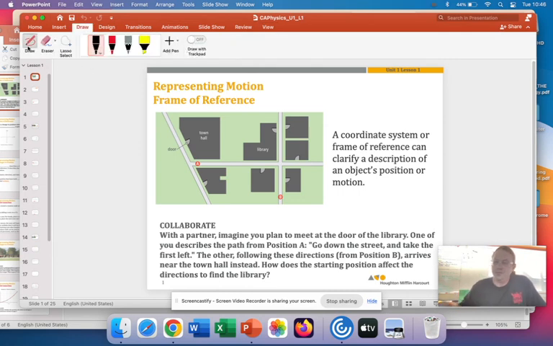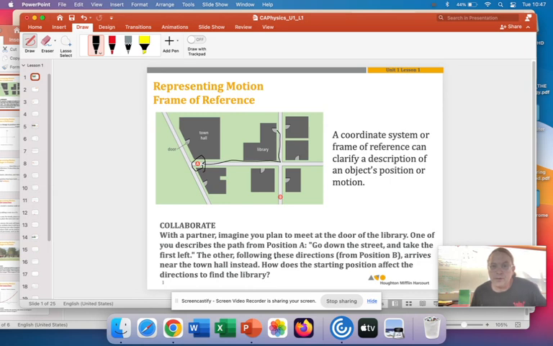If I imagine I'm meeting my study partner at the door of the library, one of you starts here from position A. Your path to the library would be: go down the street and take the first left to get to the door of the library.